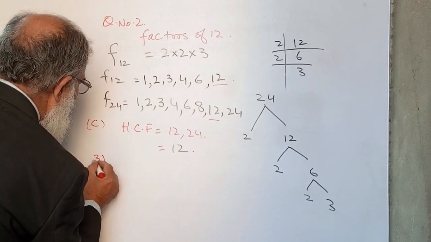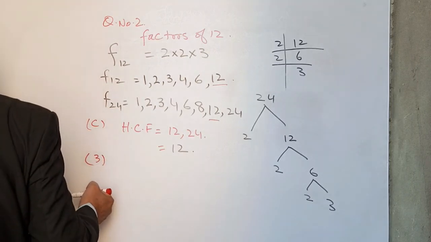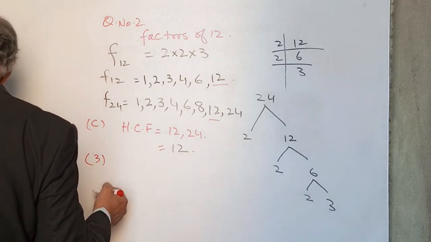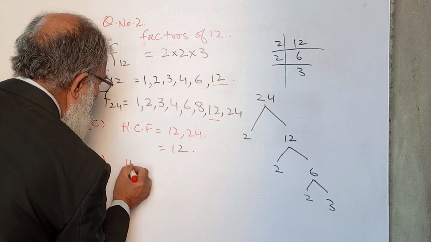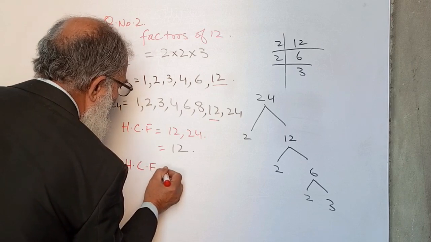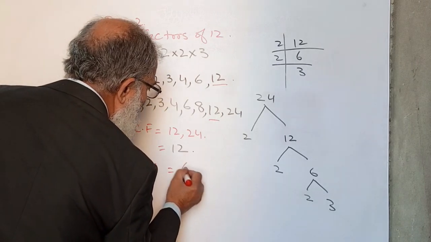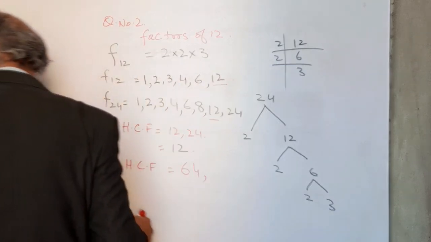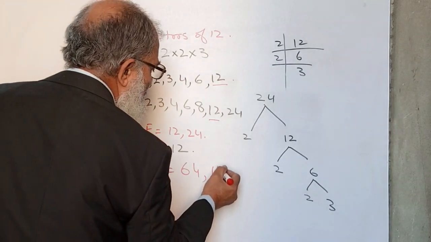Question number 3 is find the HCF of 64 and 144.